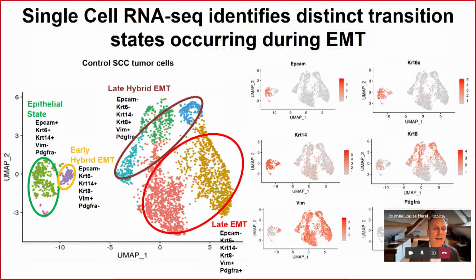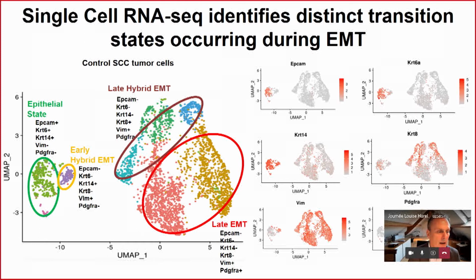So when we did single cell sequencing to assess how these different tumor states were impacted by the anti-netrin treatment, this is the control group. As I told you, using clustering of single cell analysis, we found the different tumor states that I present to you. In green, you have the early epithelial state, the one that expresses EpCAM, keratin 14, and does not express vimentin.